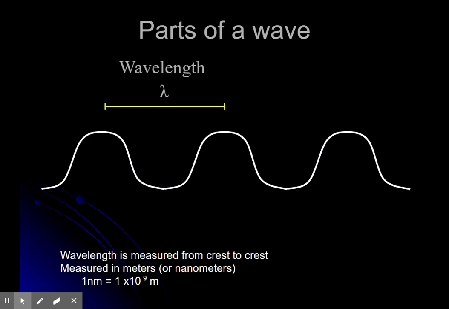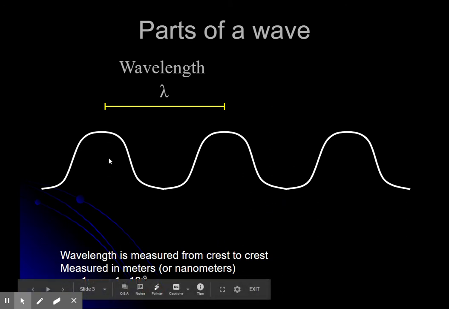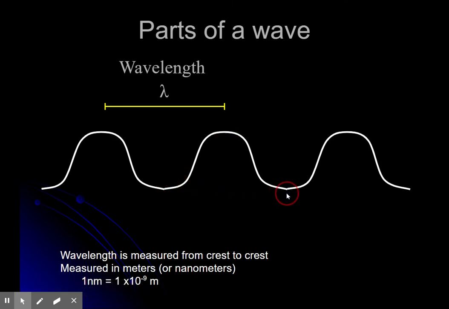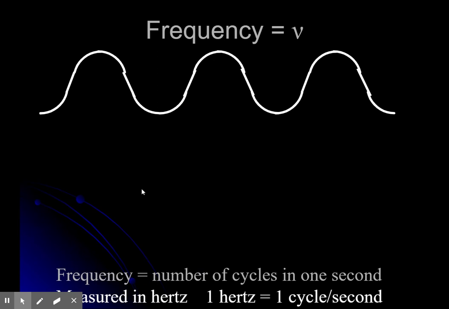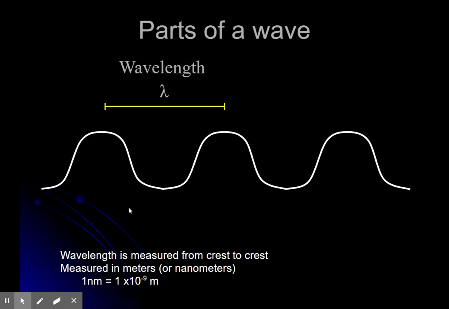Now, since light does behave as a wave, you need to know a little bit about a wave. You've got crests, which are the top of the waves, and troughs, which are the bottom. And we have our wavelength, which is measured from crest to crest or trough to trough.